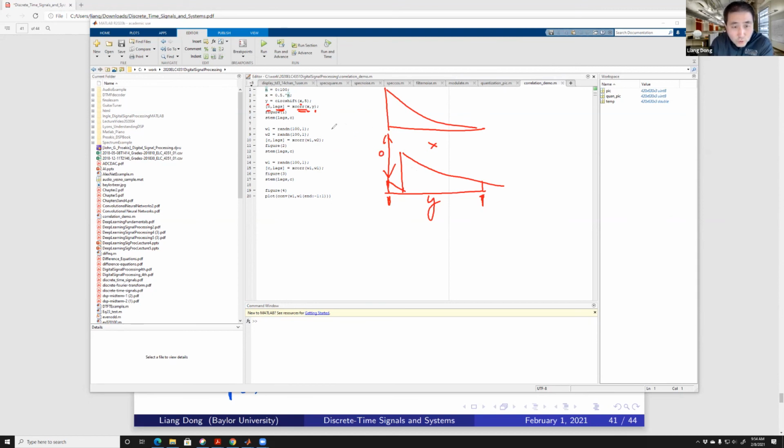On figure 2, I generate two random sequences, W1 and W2. They are all Gaussian random numbers with length 100. Doing the same thing, correlation of W1 and W2, figure 2 will show us.